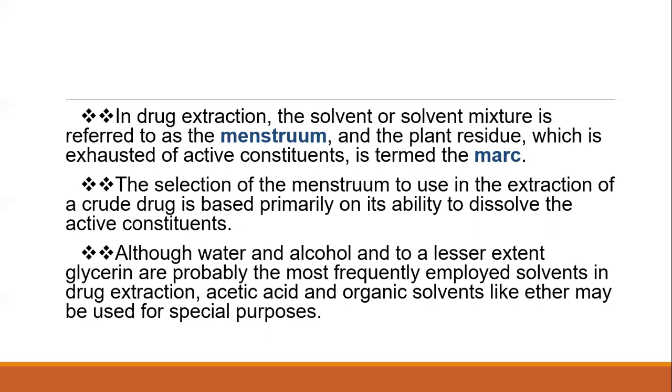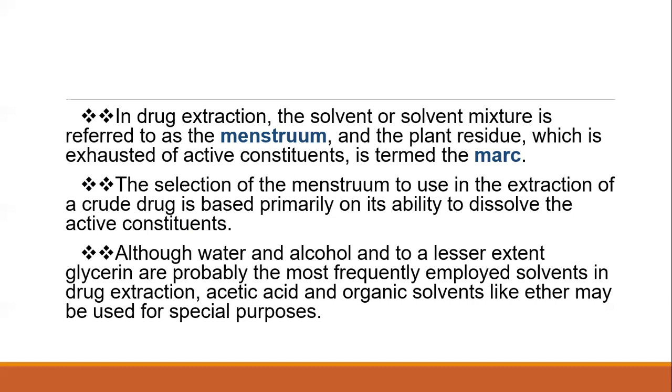The selection of the menstruum to use in the extraction of a crude drug is based primarily on its ability to dissolve the active constituent. The selection of menstruum, that is the solvent which you are using, is based primarily on its ability to dissolve the active constituent, the constituent you desire. The menstruum should be able to dissolve that compound in it.